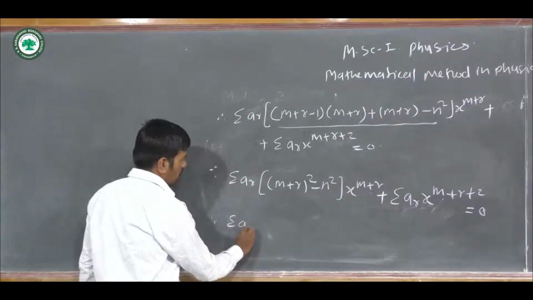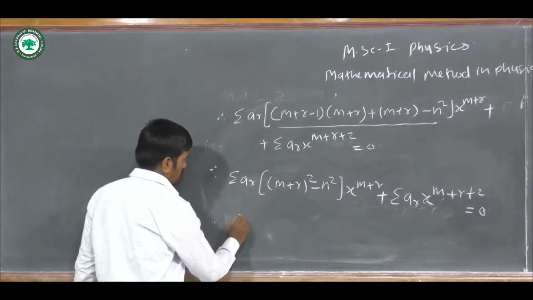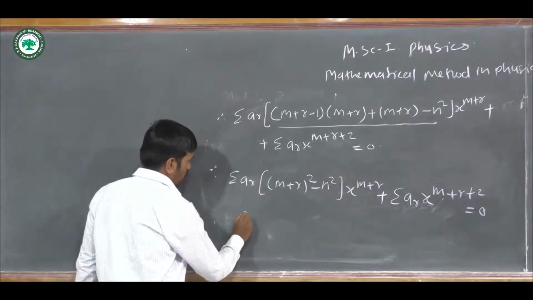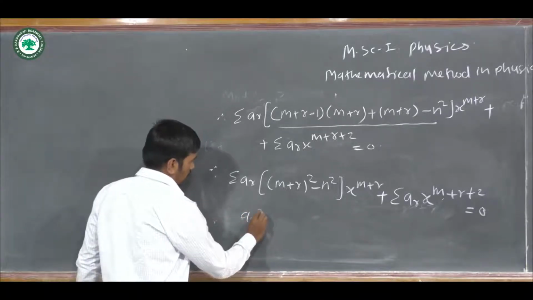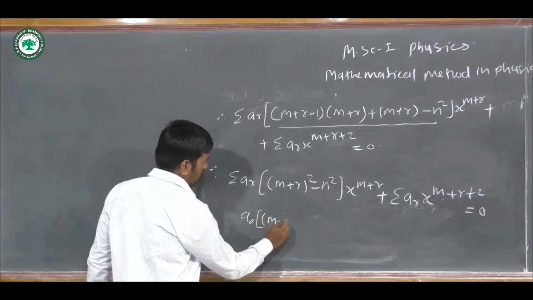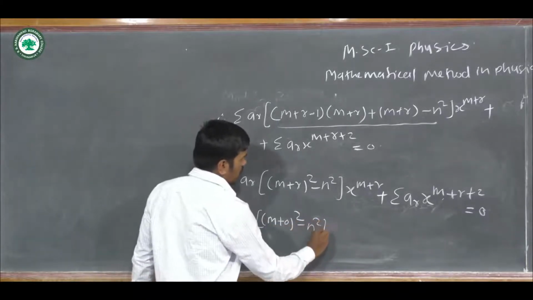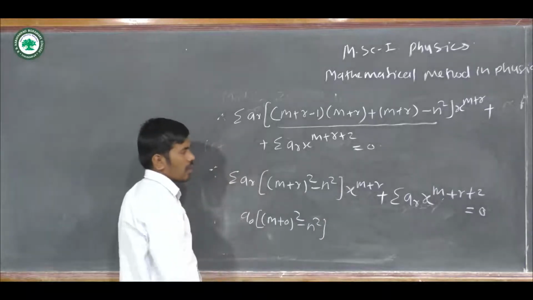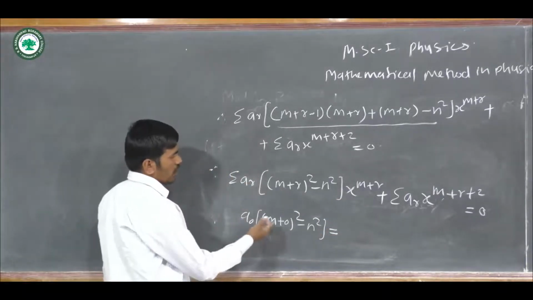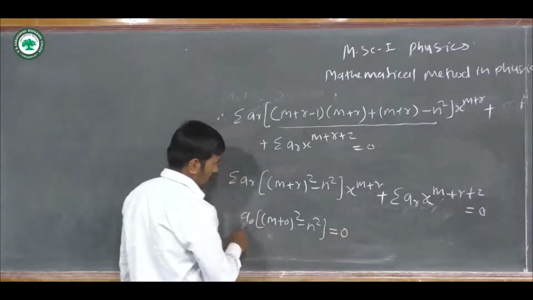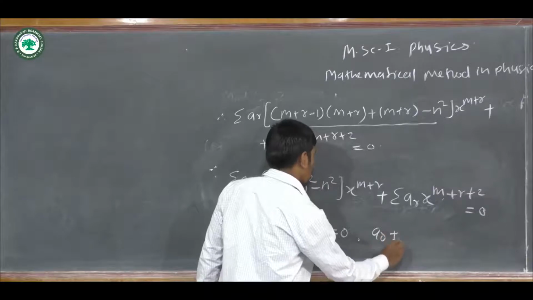For the first summation, if I put r is equal to 0, it is a naught into [(m+0) bracket squared minus n squared], and here x^(m+r). This is the lowest degree term. Okay, so this coefficient we equate to 0, and here a naught is not equal to 0.